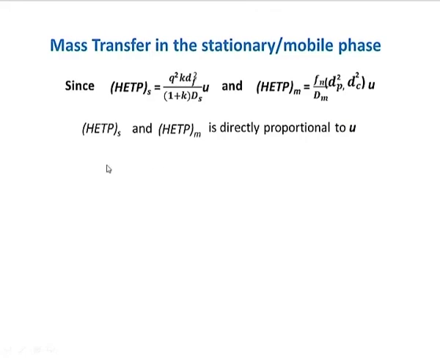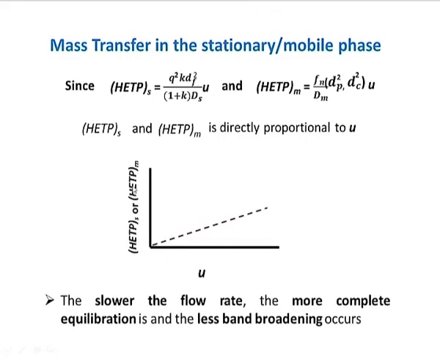That means if we again plot a graph between the height of a theoretical plate because of mass transfer in either the stationary phase, the mobile phase, or both phases combined, versus average linear velocity, we will always see a linear relationship. So to circumvent this height component because of mass transfer, what do we need to do?